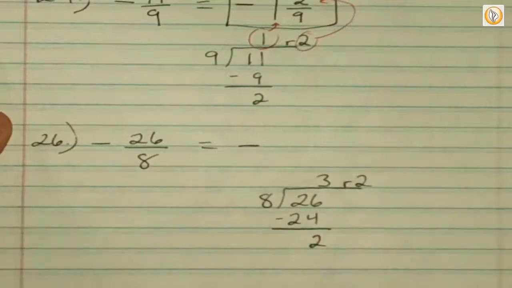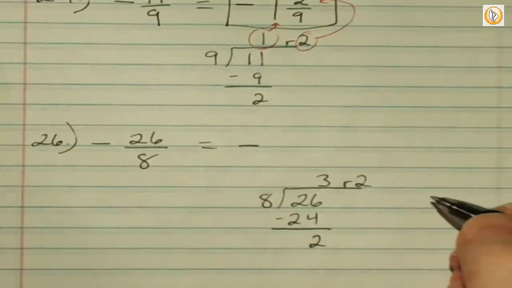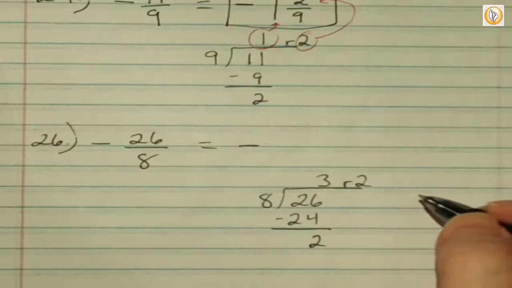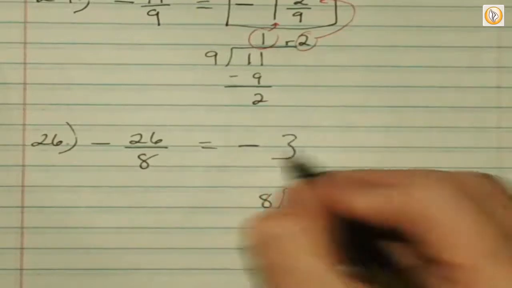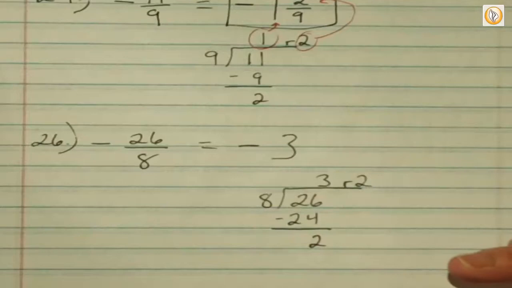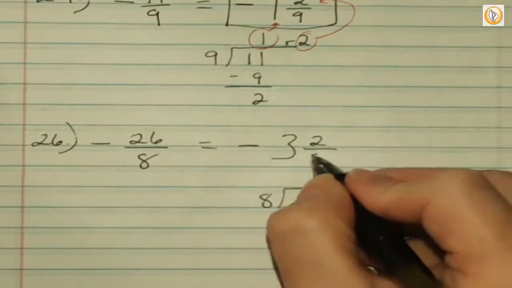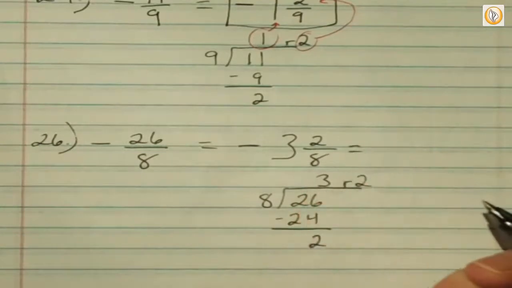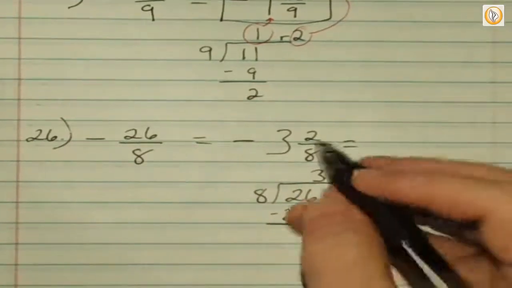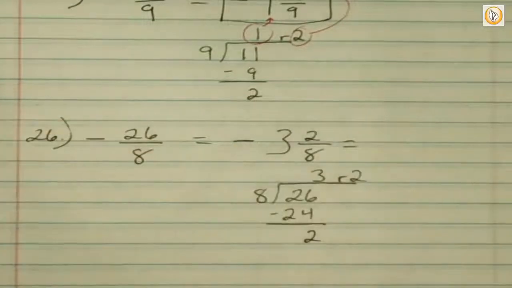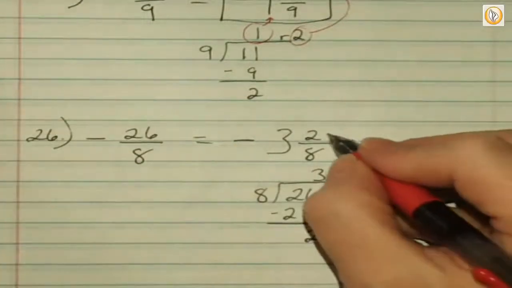So you tell me. Whole number is? 3. Numerator's 2, and denominator's 8. Is that in lowest terms? No, it's not. What number can go into 2 and 8? 2.